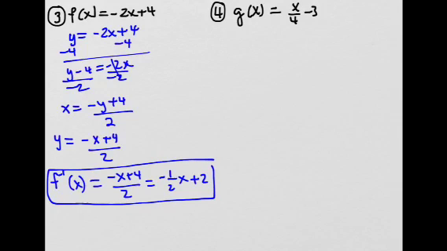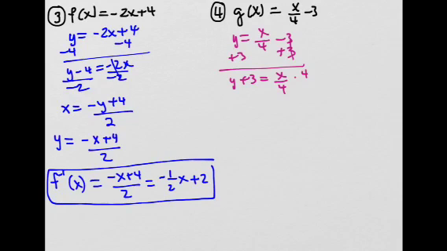Alright, number 4. g of x is x over 4 minus 3. Same drill. We change the g of x into y. Now we want x by itself, so we add 3. So y plus 3 is x over 4. You want to get rid of the 4 in the denominator, so you multiply both sides by 4. And on the left side, don't forget, the whole thing gets multiplied by 4, not just the y.